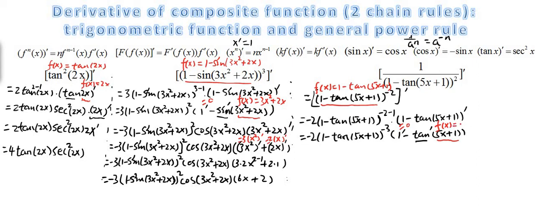So we can plug in negative 2. Here's a negative, so we have positive 2. So we have 1 minus tangent 5x plus 1 to the power negative 3, and the derivative of tangent should be secant squared.